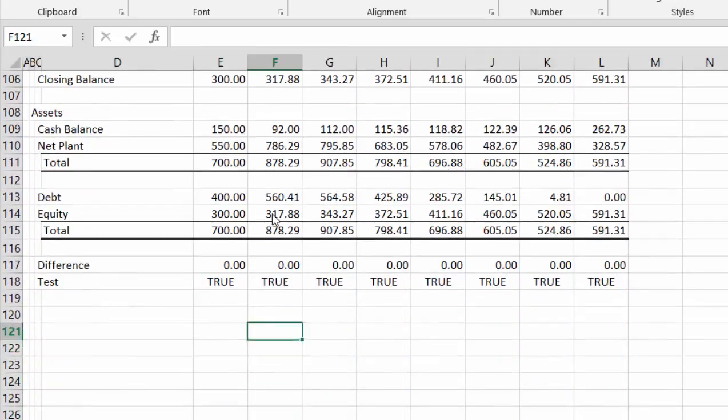And the final objective in this whole thing is to make a debt to capital ratio input. So let's say we have 40%, 50, 45%. Can't seem to type.